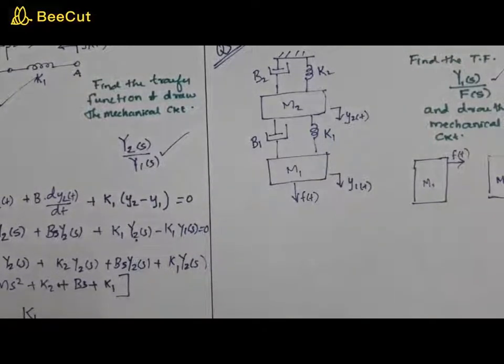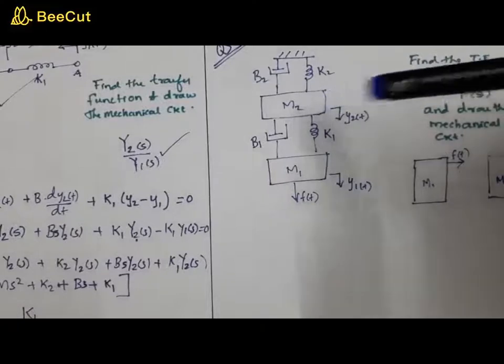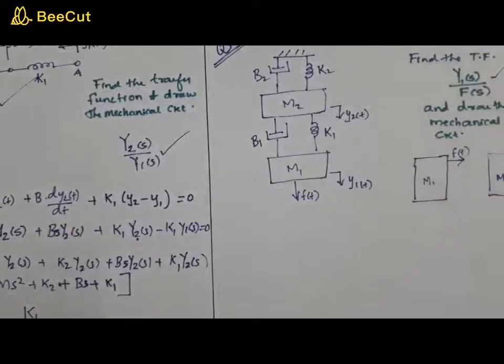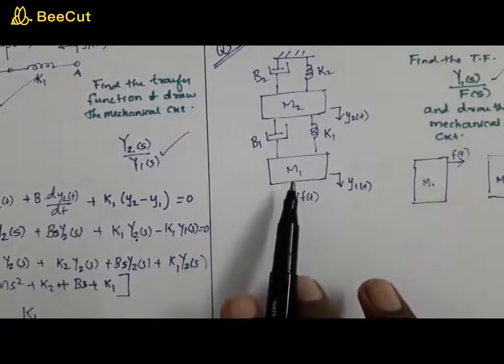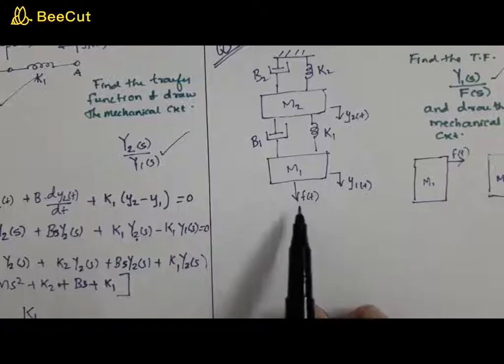B1 and K1 are in between M1 and M2, while B2 and K2 are exclusively for mass M2. Now you have the applied force that is applied on mass M1. So that's your applied force, which is given by F of t.